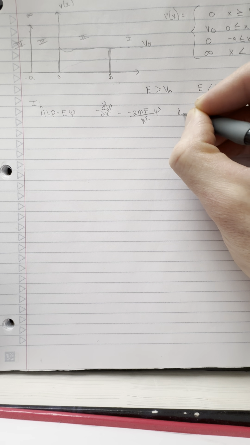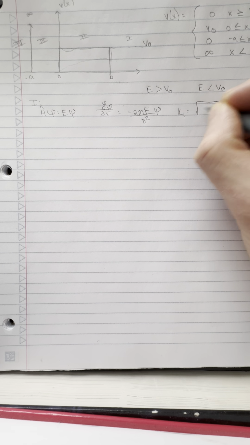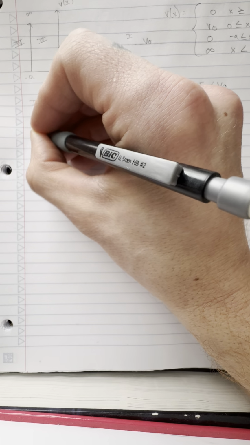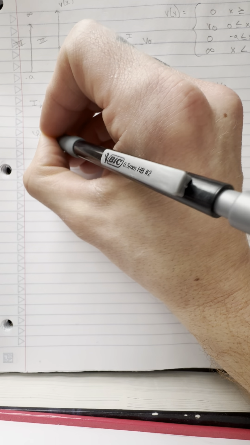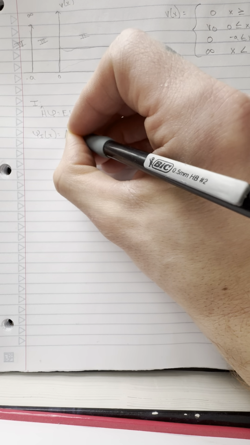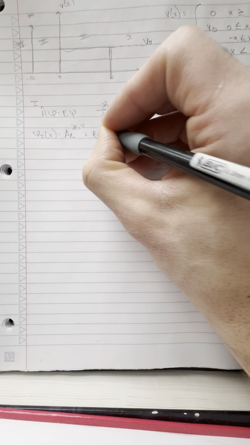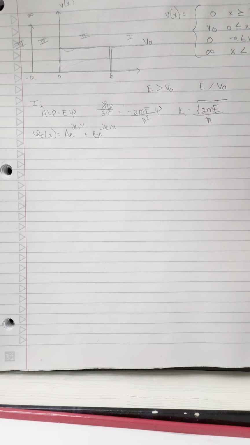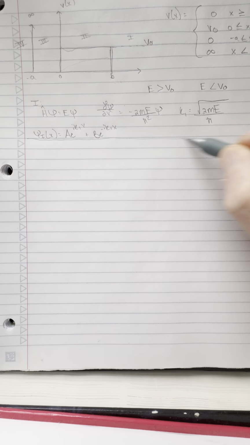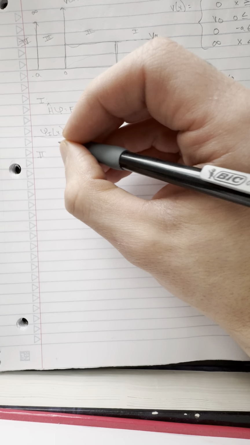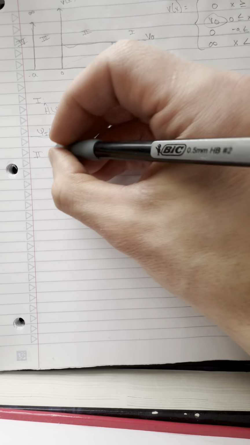And if we define a constant k1 equals the square root of 2mE over h bar, we will get a solution that looks like this for the wave function in region 1. Okay, that's region 1.